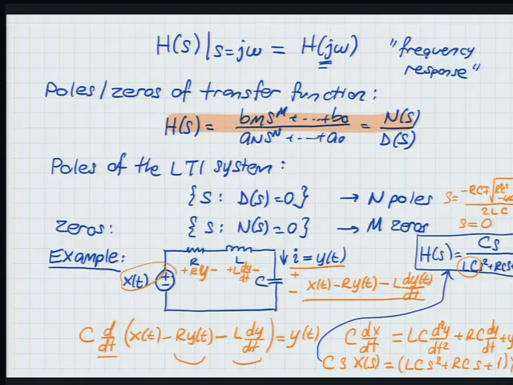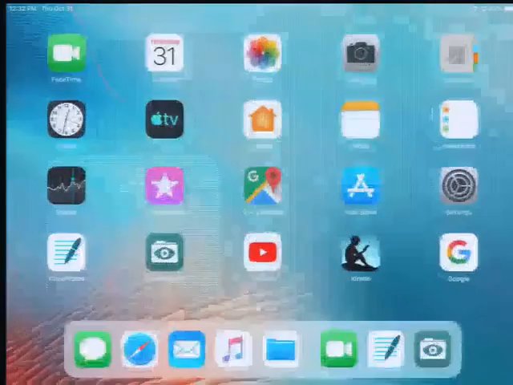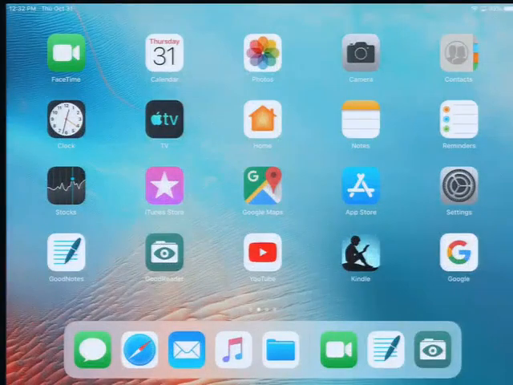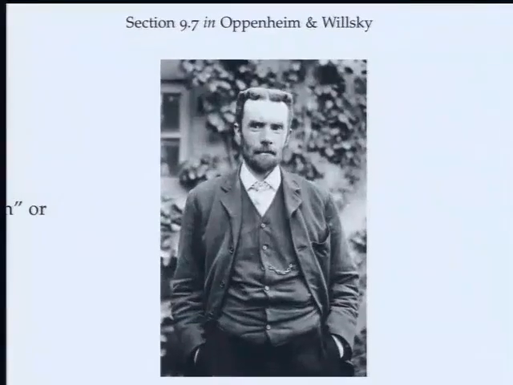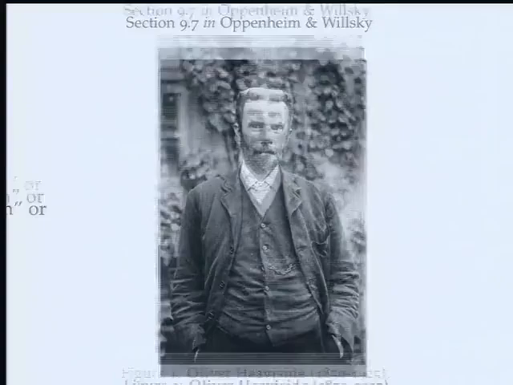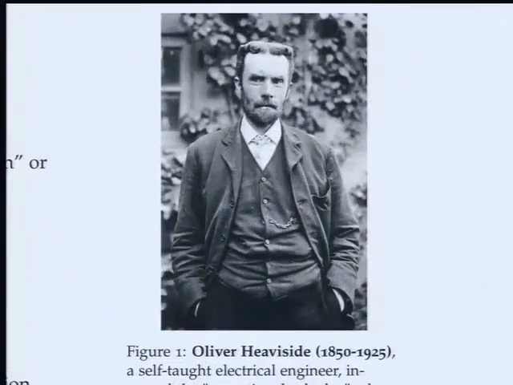Just as a short break, I want to give you a little history of this person who invented those ideas without knowing anything about Laplace transforms. Laplace transforms came later. Other people wanted to make it look more mathematical, and they dug out some ideas by Laplace from a century ago, basically.